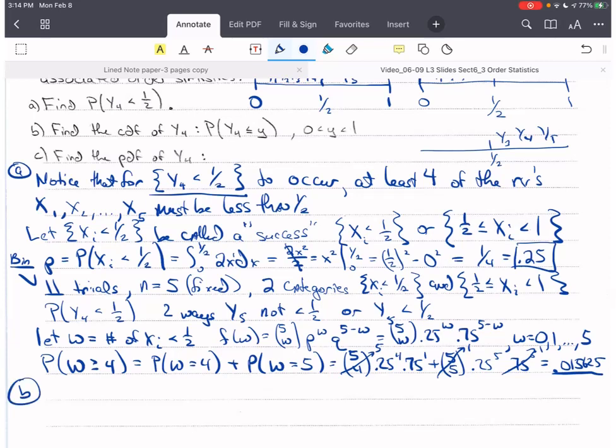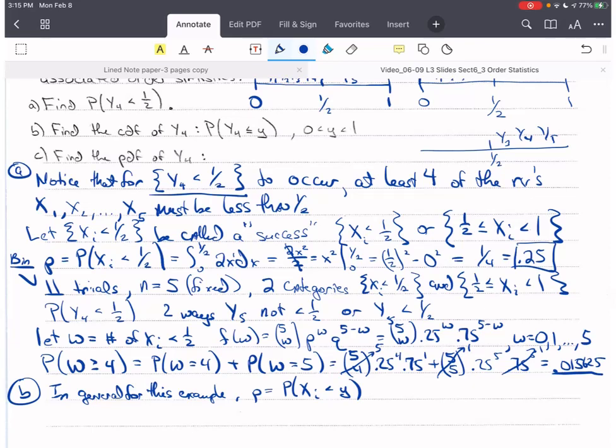Now, part B, we want to know the CDF of y sub 4. Okay? So the CDF of y sub 4. So in general, for this example, let P equal the probability that xi is less than some value y, okay? Where y is between 0 and 1, right?